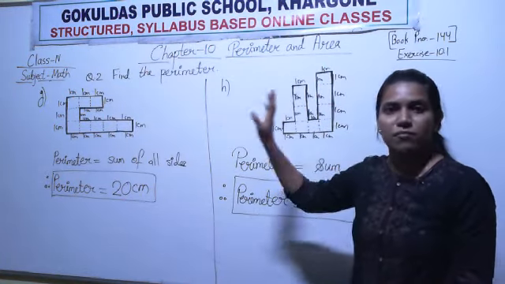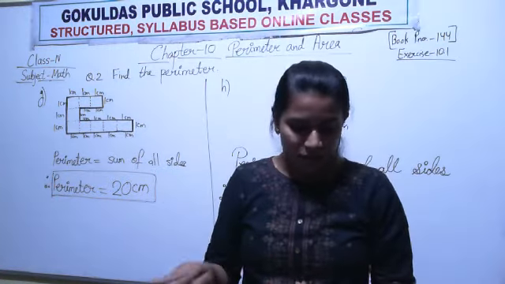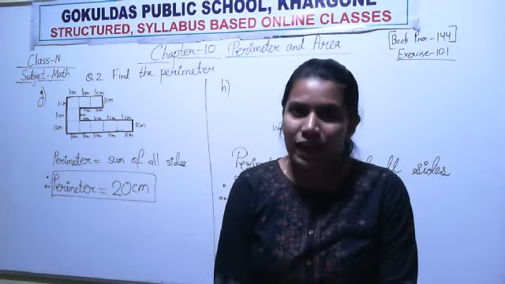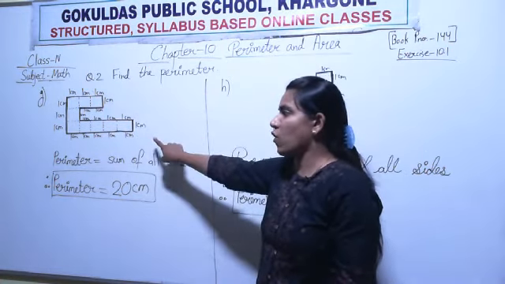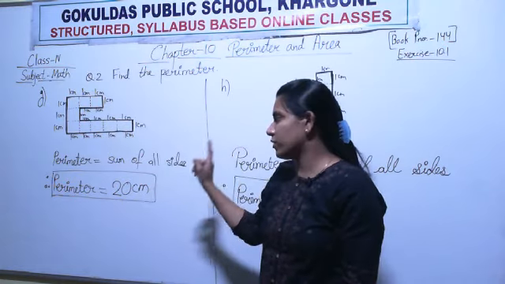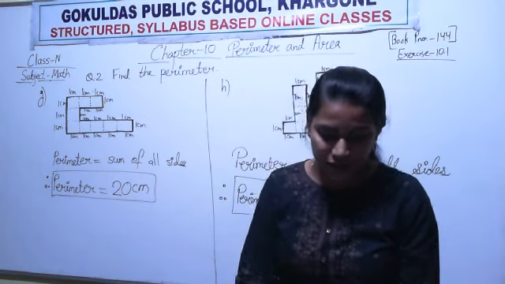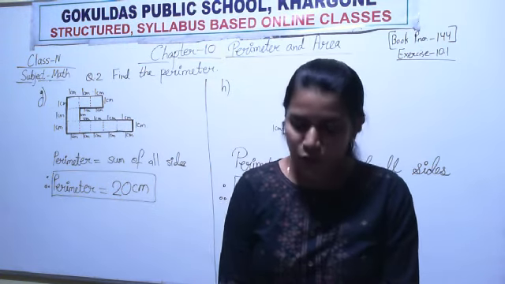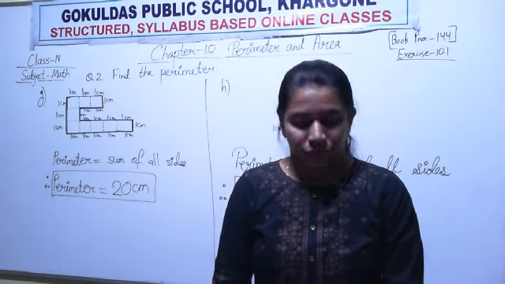Then question number 1 you will perform. If question number 1 is completed, draw a line with the help of a pencil, then write question number 2 properly, draw the diagrams properly with the help of a scale and ruler, and then write their solution also very properly, very systematically in your classwork copy.